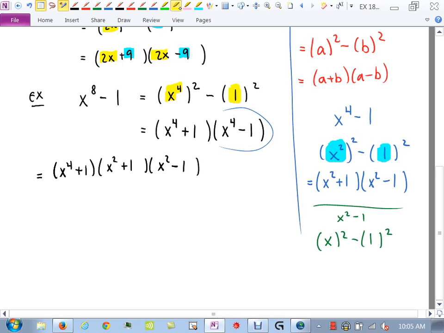So our A here is x. Our B is 1. So it becomes now x plus 1 times x minus 1. So we get x to the 4th plus 1, x squared plus 1, and then that last factor broke down to be x plus 1 times x minus 1.